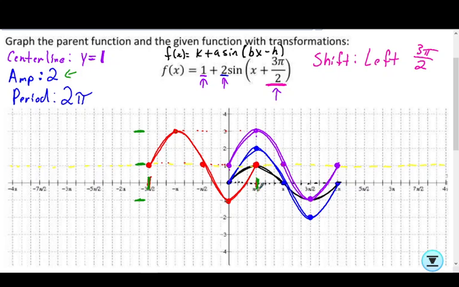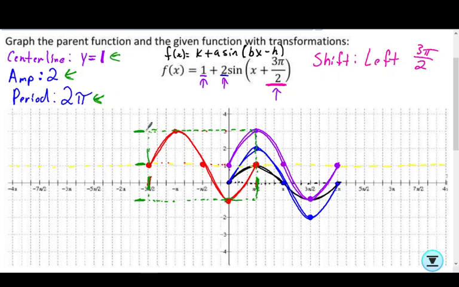So knowing where my center line and my amplitude are and what my period is, I can get an idea that it is supposed to be in this general area where this green box is. That's where it's supposed to end up. So use those things that we know about transformations to make sure.